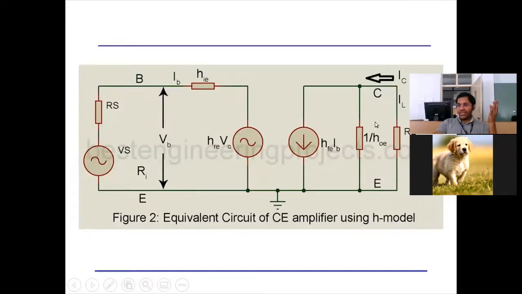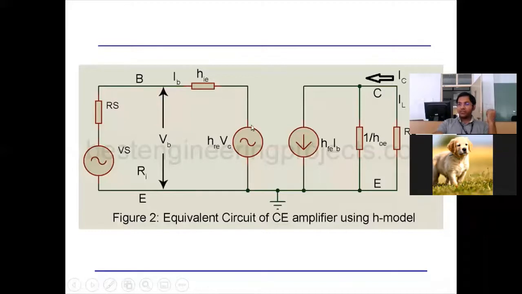This is a larger resistance, so negligible current flows here, which means I can approximate IC is equal to HFE IB. So two points: I can open circuit this, and I can approximate IC is equal to HFE IB.